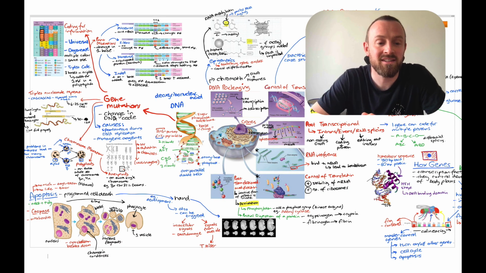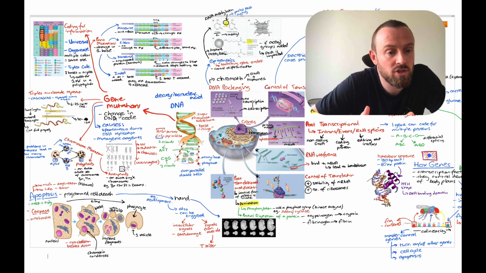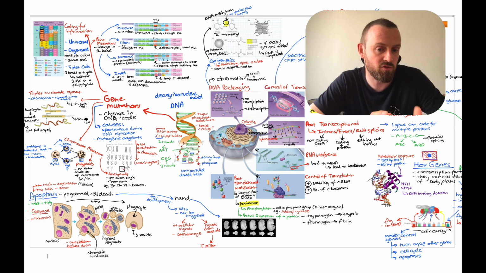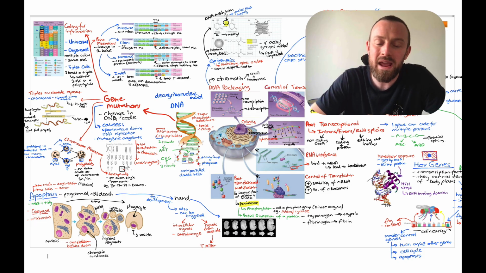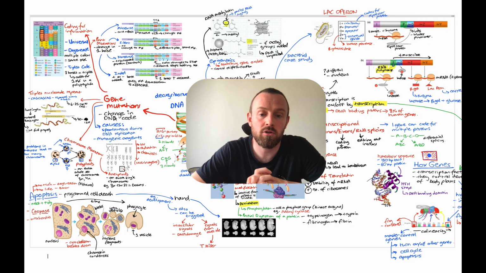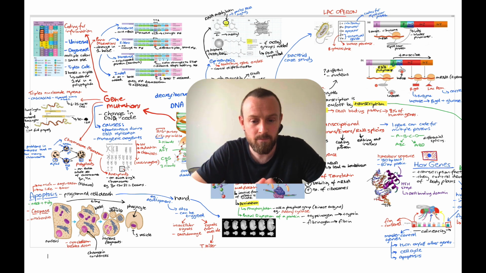Okay, so that's everything. We've looked at gene mutations, point mutations, and a little bit on chromosome mutations. We looked at the structure of DNA. We looked at the ways that genes can control their expression through DNA packaging, control of transcription, post-transcriptional splicing, and also post-translational modification.